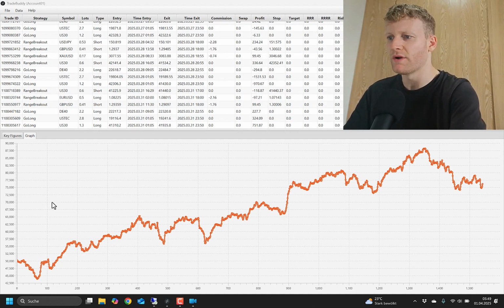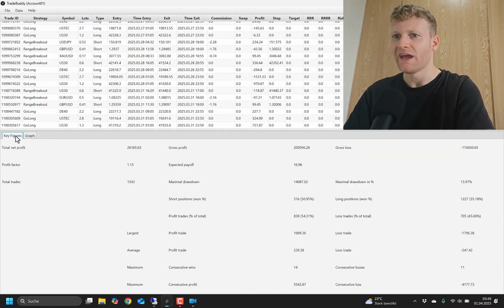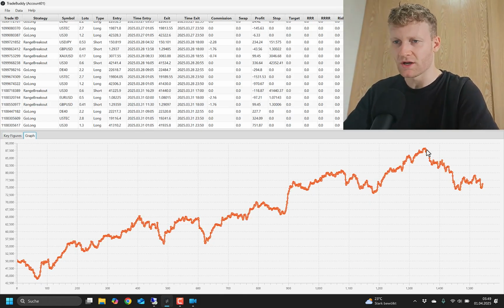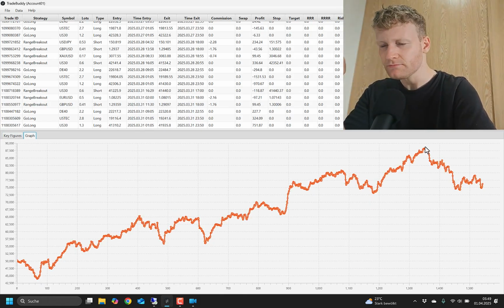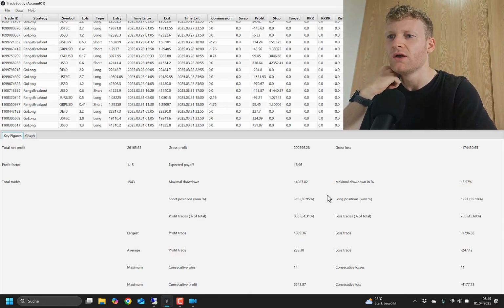This is what I always said in the beginning, and therefore this performance is based on the 50k account, and also the drawdown numbers here are based on the 50k account, or the actual balance that was the highest before the drawdown happened. If we have a look at this, we can see that the overall drawdown is in fact very small.